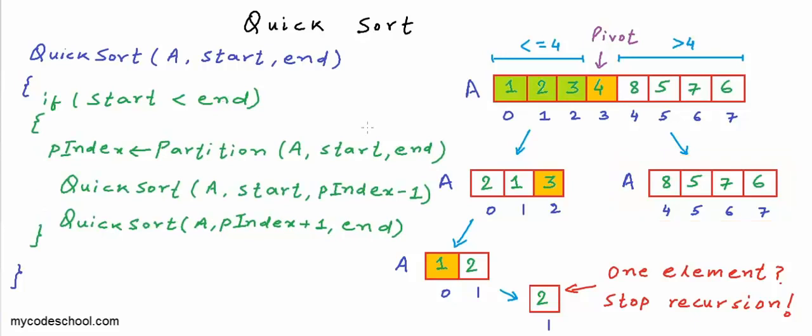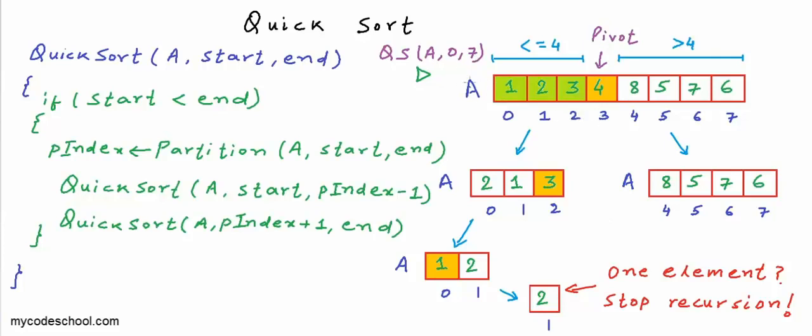We will come back to the partitioning logic, which is the core of this algorithm, but first I'll quickly simulate a run of quicksort on this example array here. First we will make a call to quicksort, passing it the array, start index 0 and end index 7. Now start is less than end, 0 is less than 7, so the partition function will be called, and after partition the pivot index will be 3.